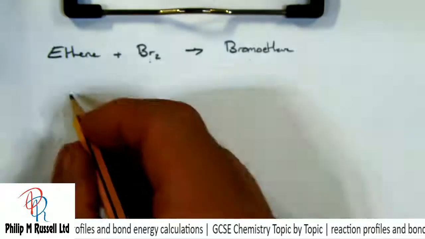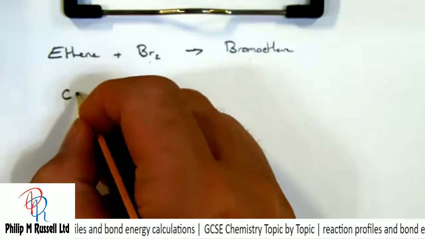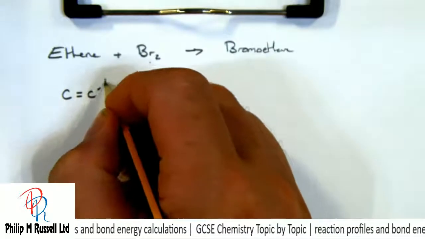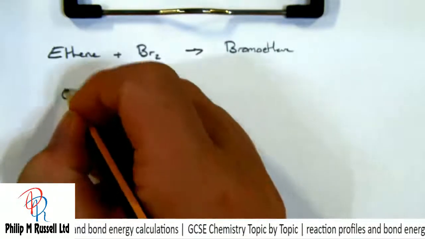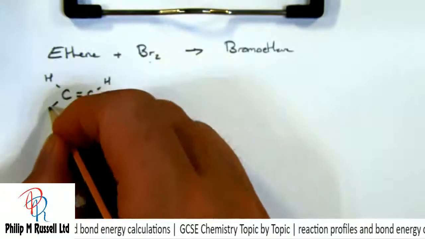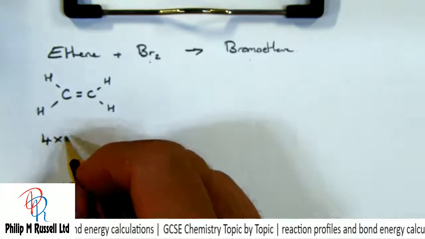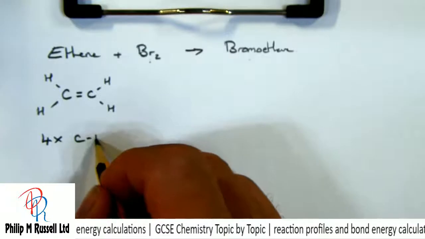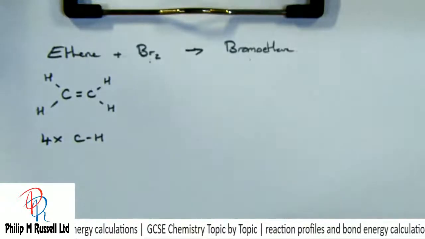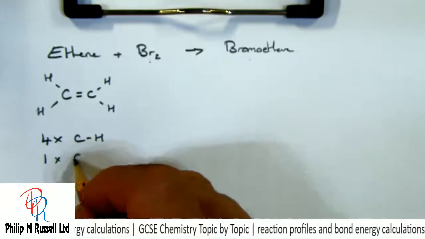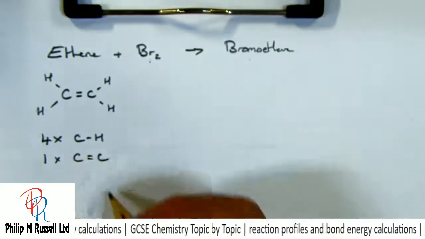Right, so the first place to start is to know what ethene looks like. It's got 4 times our CH bond, and we've got 1 times a carbon-carbon double bond.